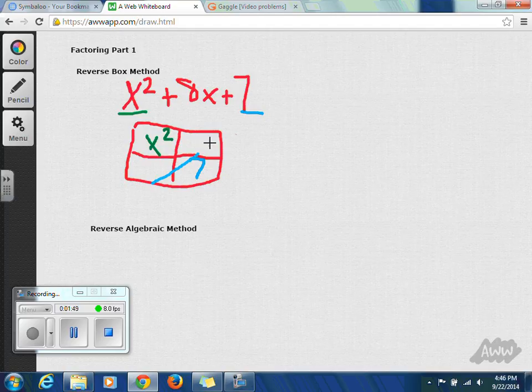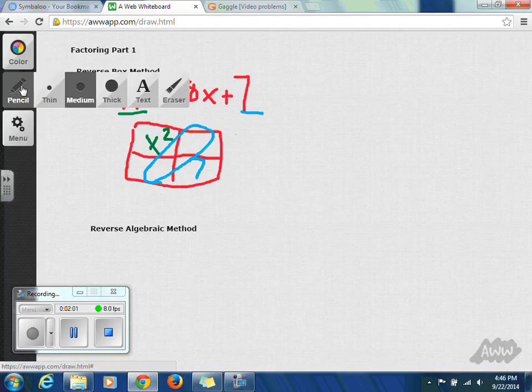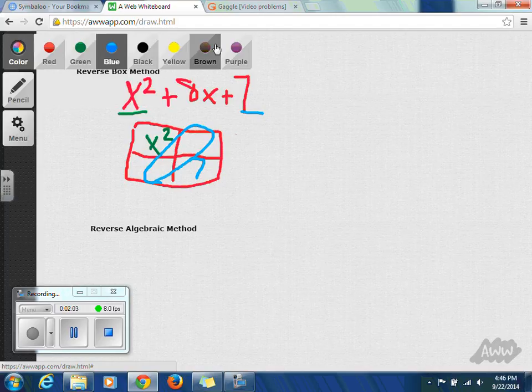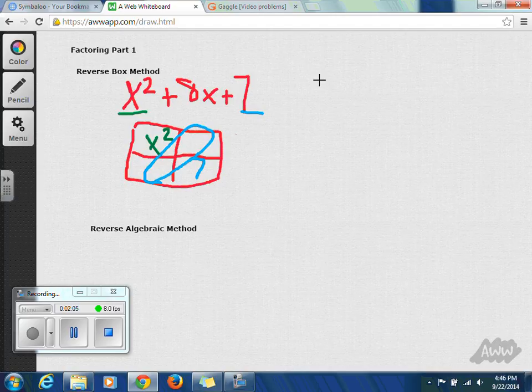Here's the part where we have to do thinking. In this diagonal is where we need to come up with two numbers that when I add them equal 8x. Now there's a bunch of combinations of that. So what I taught in class today as a refresher is that you need to do a factor tree. What numbers, when I multiply, give me 7?